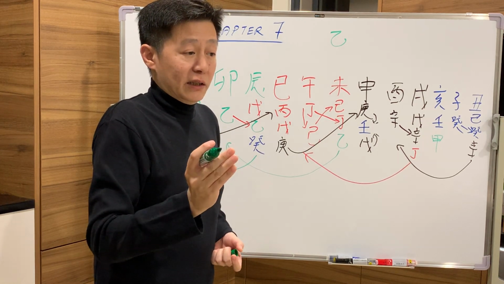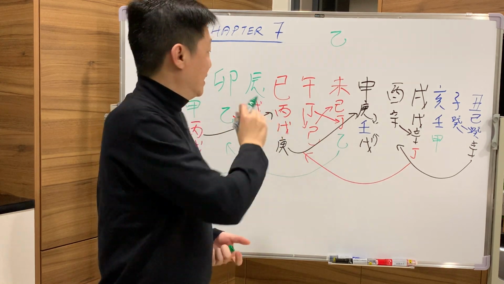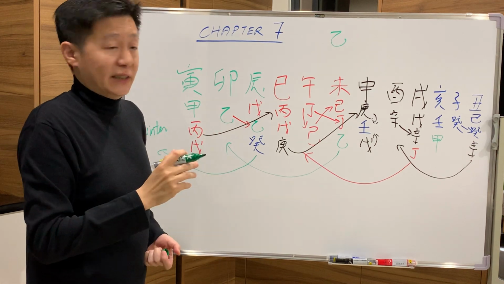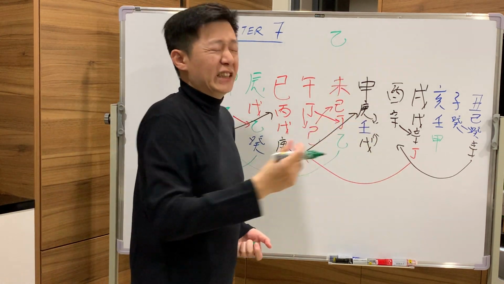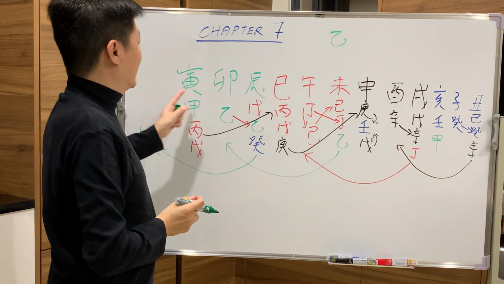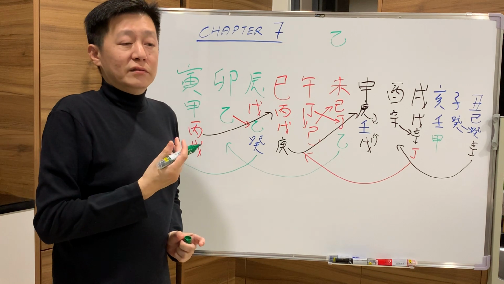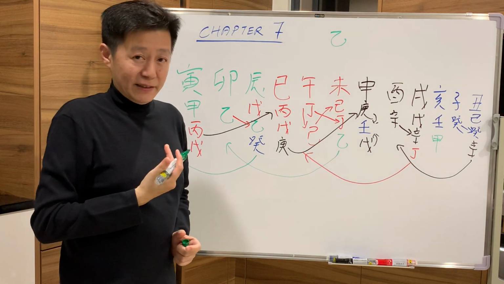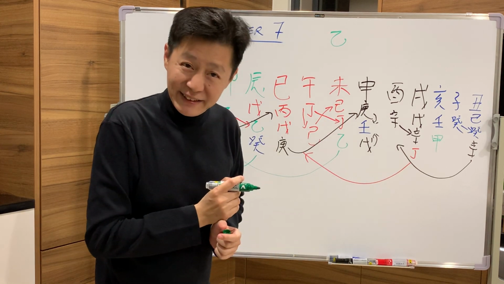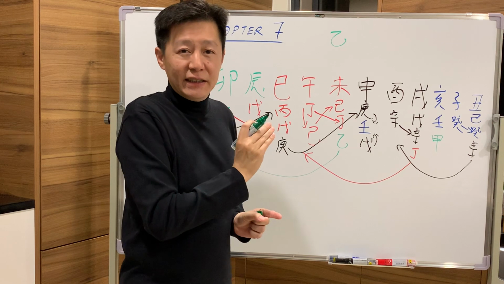So let's say your month is rooster for the day master, and the year is either tiger or rabbit. Then you are born confident. But when you come out to society, you become scared. This is because they are different, right?